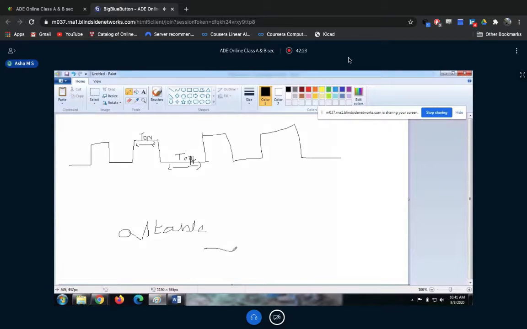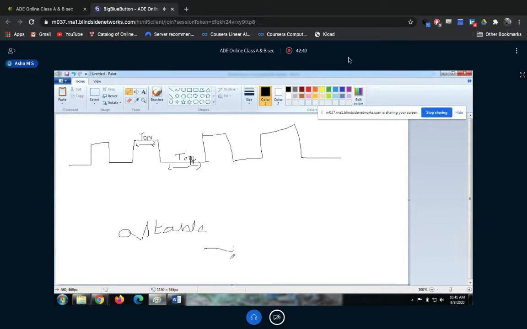So always this device will be in the T off state. Whenever an external trigger is applied, whenever an external pulse input is given, what happens?